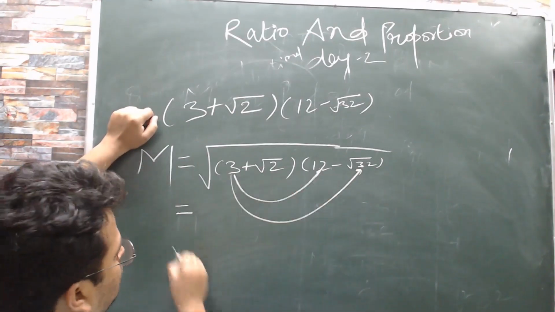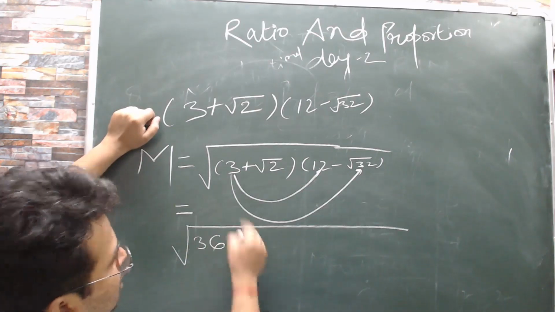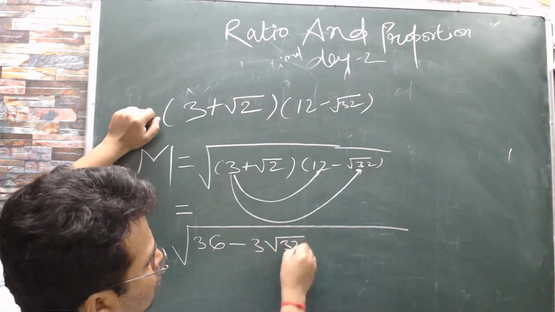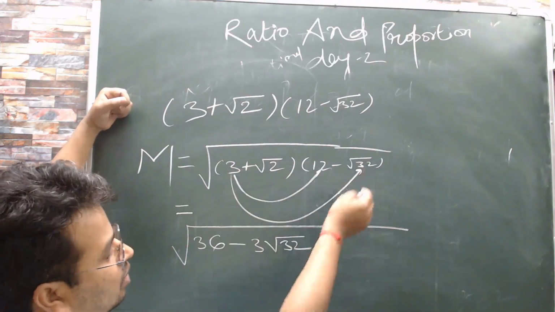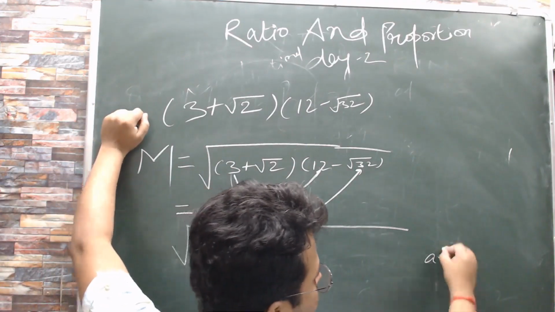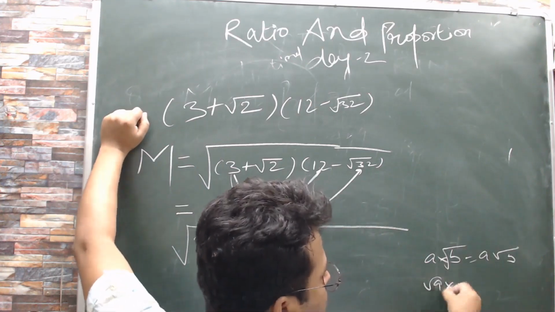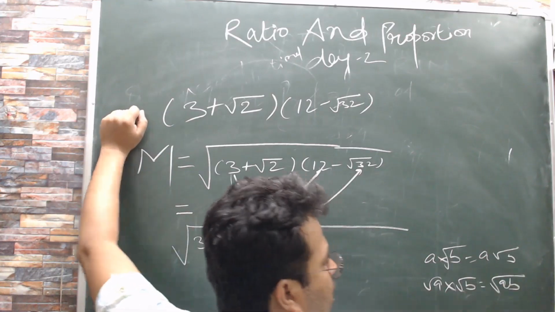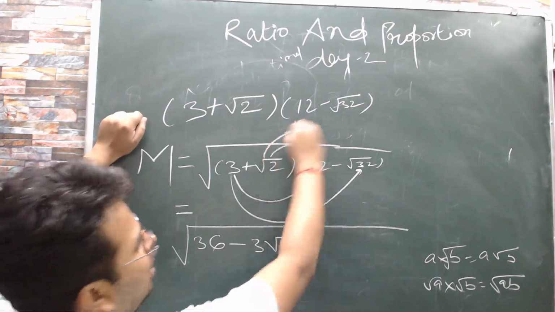So 3 times 12 is 36, minus 3 multiplied by root 32. Suppose you have a multiplied by root b. So you can write it as a root b. But if we have a root b, then you can write it as multiply ab under root. So this one, then this one multiply here and here.